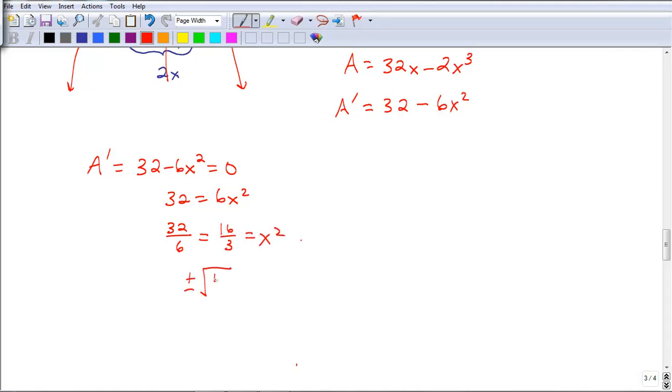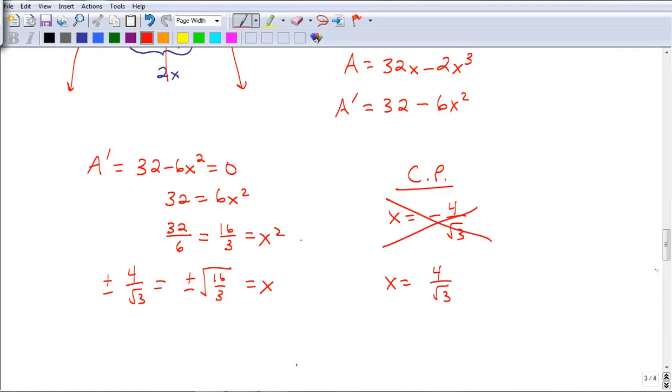So plus or minus the square root of 16 over 3 is x. So I have two critical points. By the way, that's plus or minus 4 over root 3, or 4 root 3 over 3. So I got negative 4 over root 3 and positive 4 over root 3.